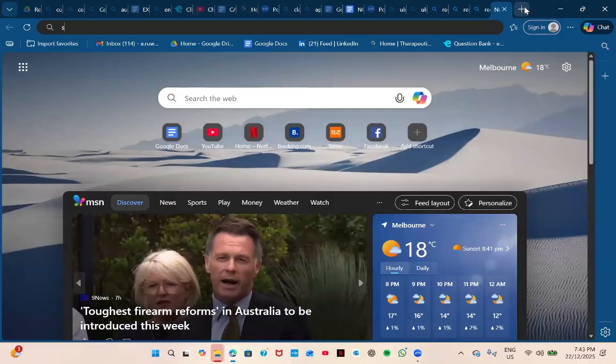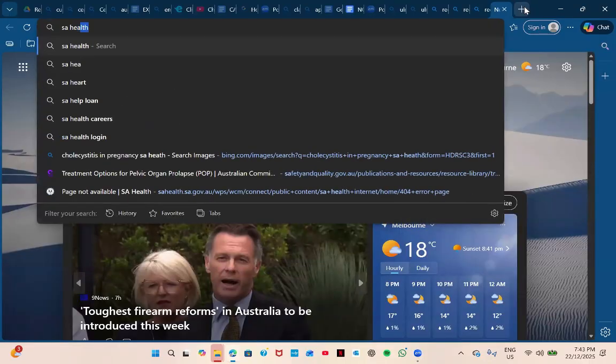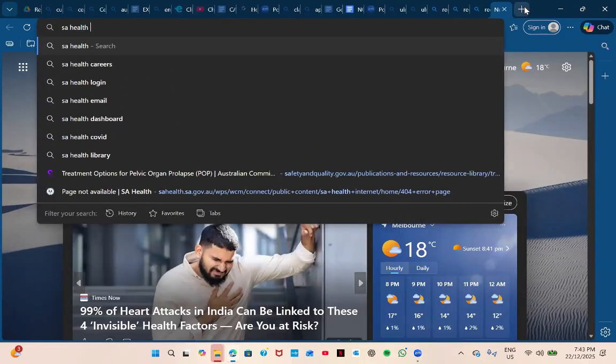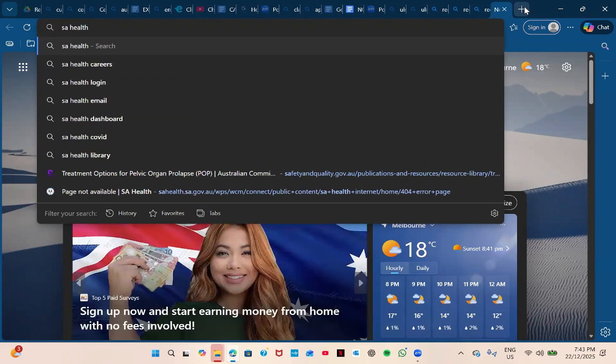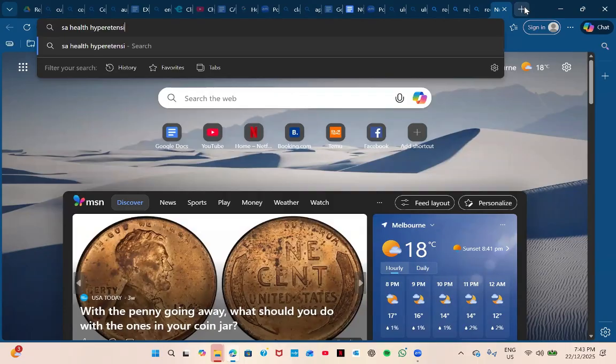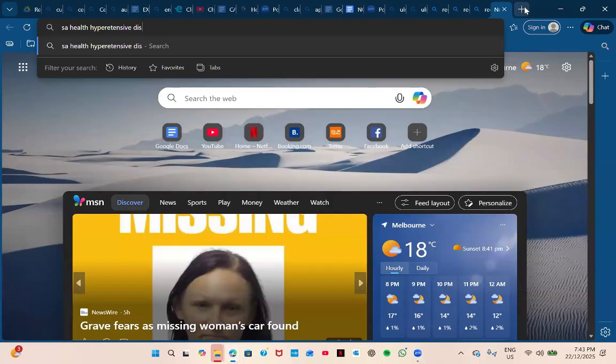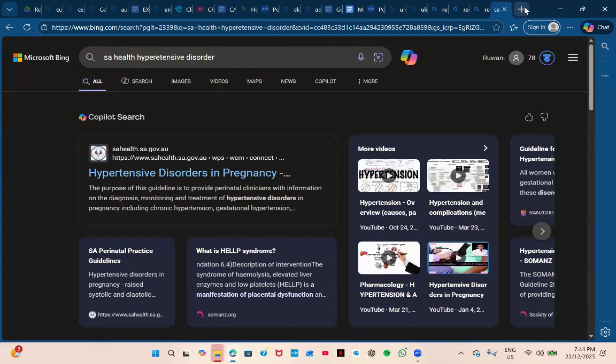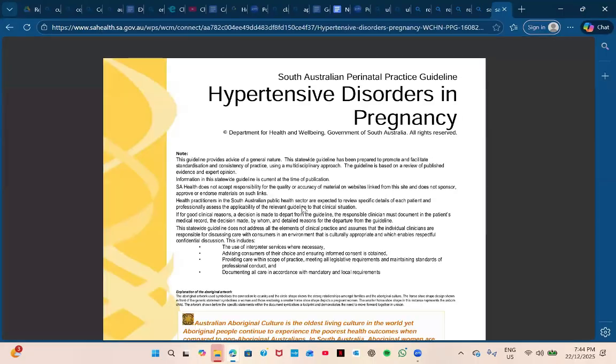I don't know, is it available in SA Health? Now SA Health has removed so many guidelines from their website, because previously they usually had this kind of guidelines.